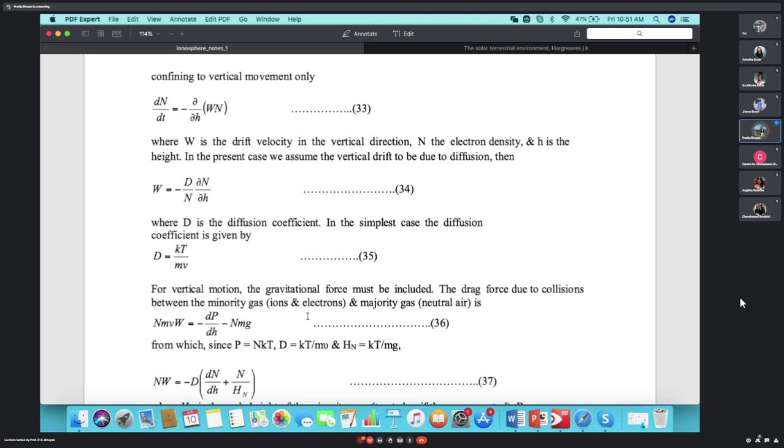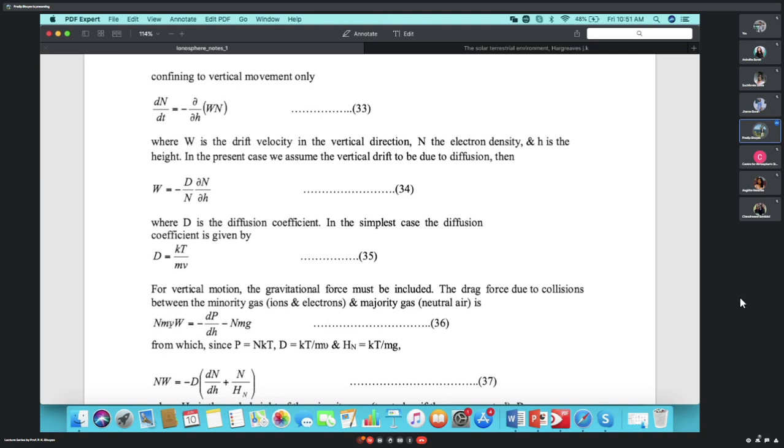So your ions and electrons can be considered as a minority gas, and the neutral atoms and molecules together can be called the majority gas. Minority and majority, okay? You know these terms.